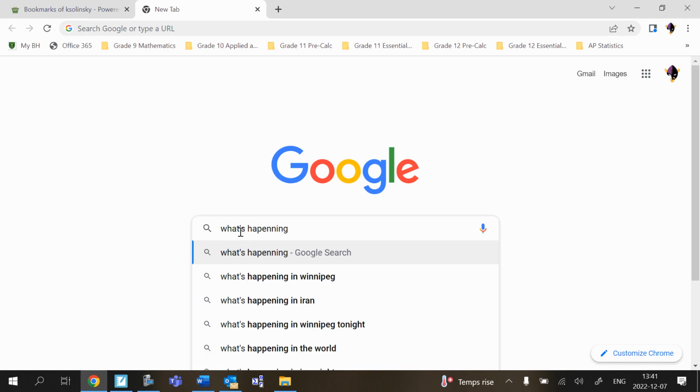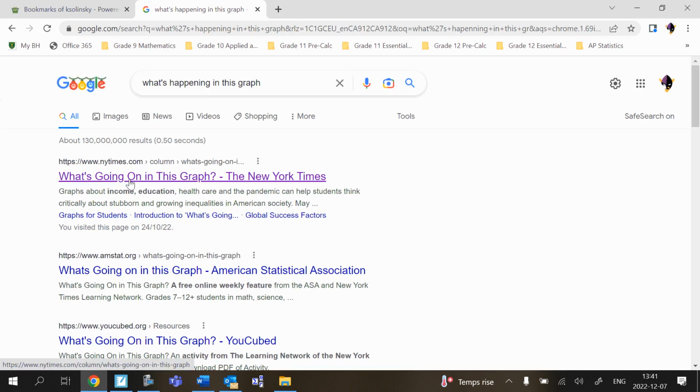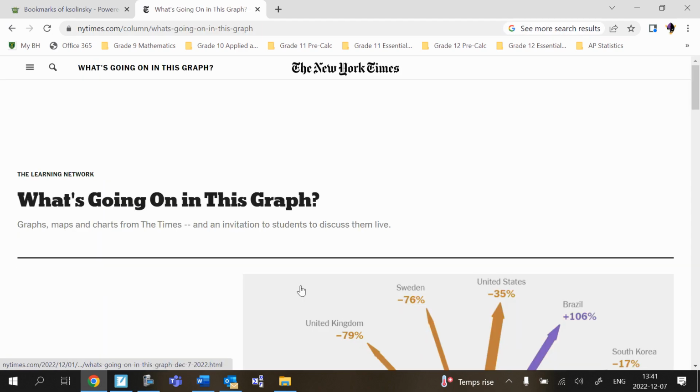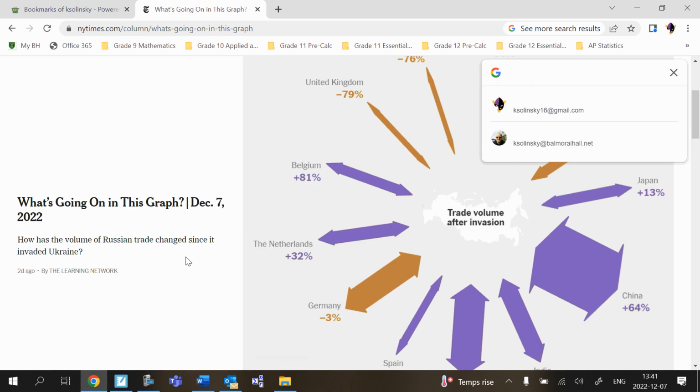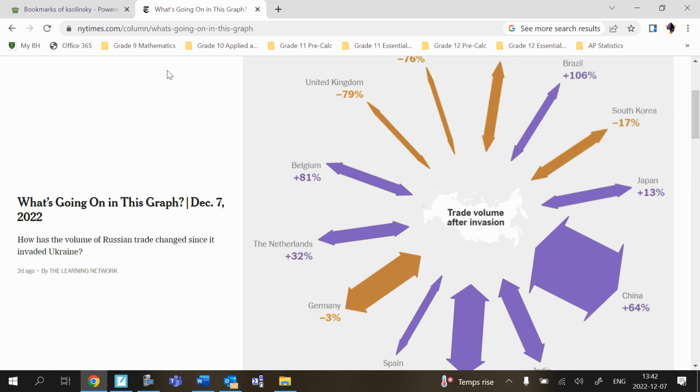You want to talk about all sorts of different types of graphs, this is a good website to look at all sorts of different types. So what they do is they give you one of these and they ask you, okay, what's going on? We got some arrows. Some arrows are different colors.